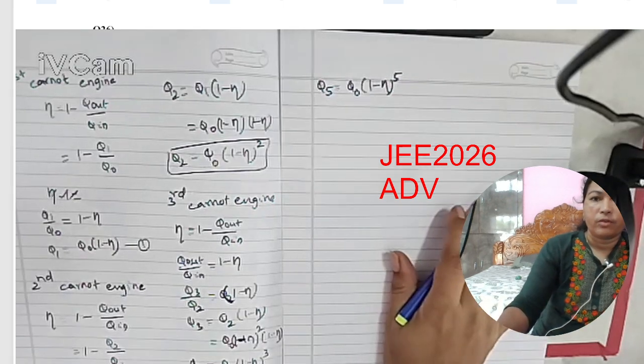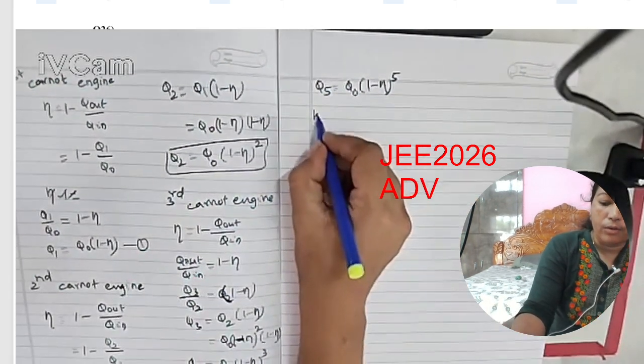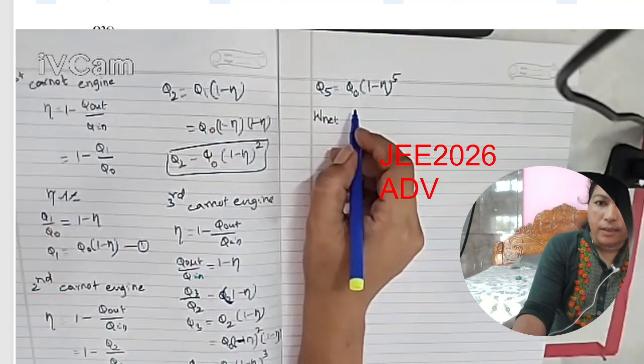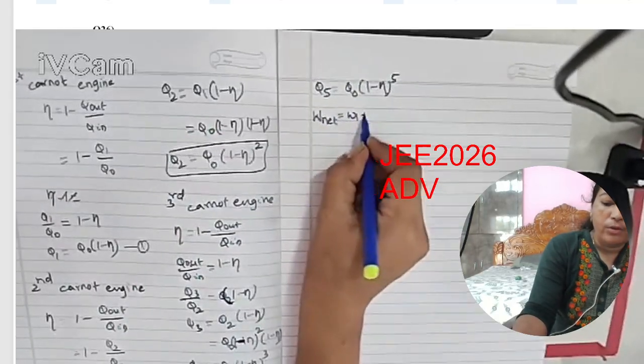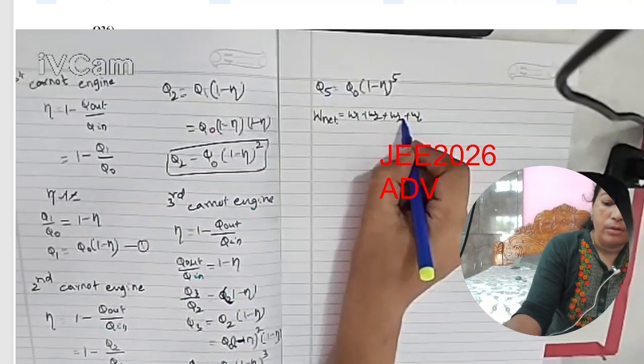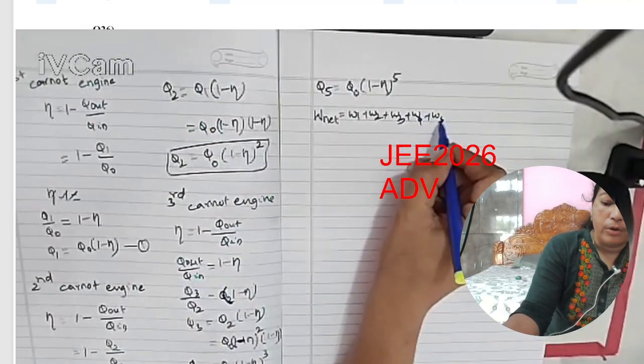And what is the W net they have called? W net, the total work done in those 5 cycles, is equal to W1 plus W2 plus W3 plus W4 plus W5.